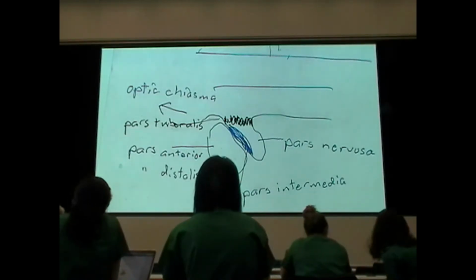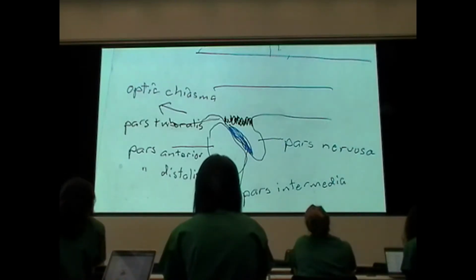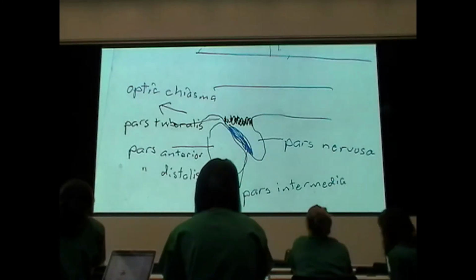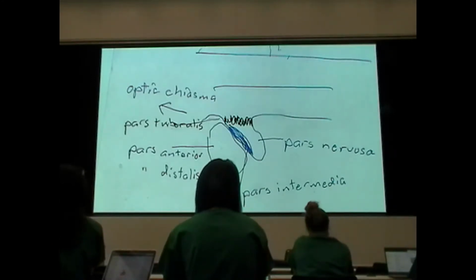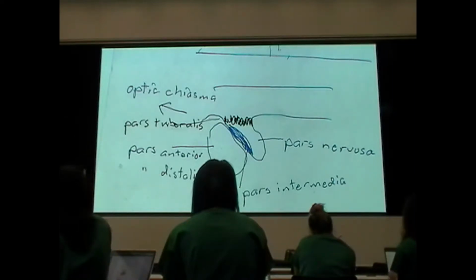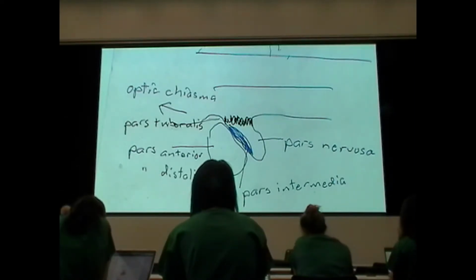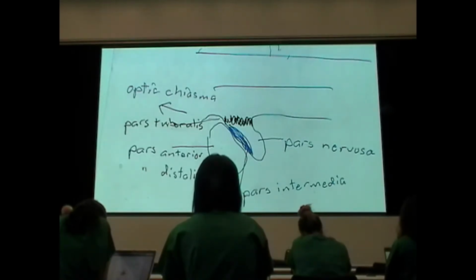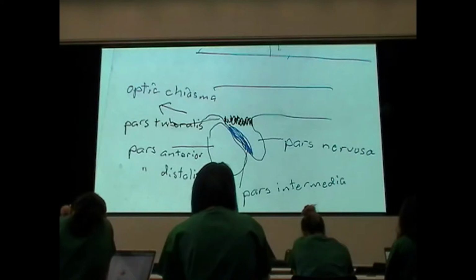Okay, if we look at cells that make up the pars anterior, pars distalis, they're typical epithelial cells, and a certain percentage of them have secretory granules that are stable. The remainder have secretory granules that don't stay very well.